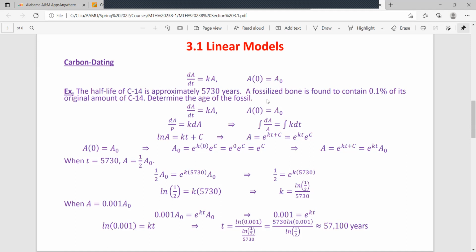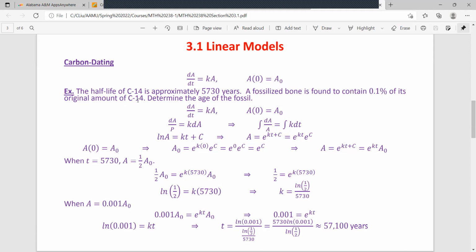Okay. A fossilized bone is found to contain 0.1% of its original amount of carbon-14. Determine the age of the fossil. So in this fossilized bone, the carbon-14 has only 0.1% of its original amount.